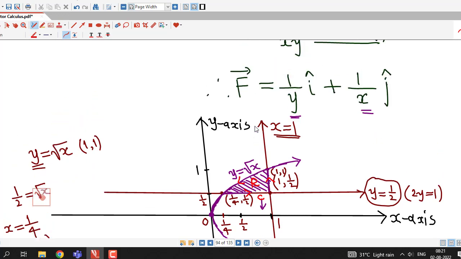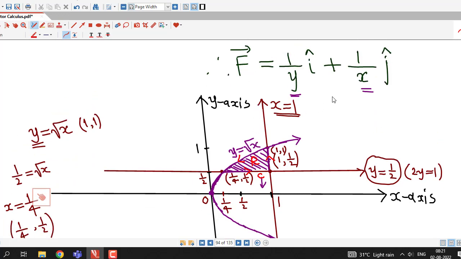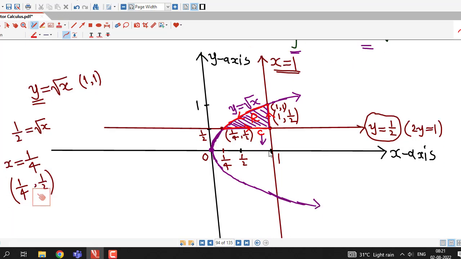Our function f bar is 1 by y i plus 1 by x j, and if we consider this boundary, then our function f bar is defined at every point on this boundary, as well as at every point on region R. Okay, fine.